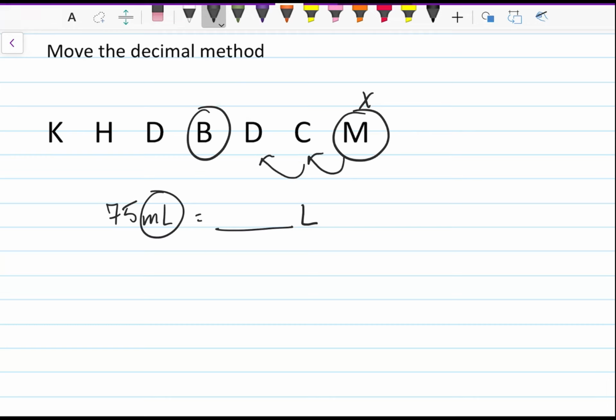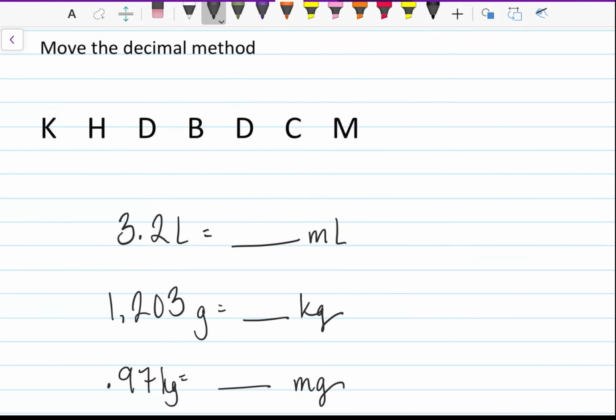You're going to move the decimal point again, 1, 2, 3 places. So same methodology here. Decimal point is here, 1, 2, 3 places. So it'll be 0.075 liters.